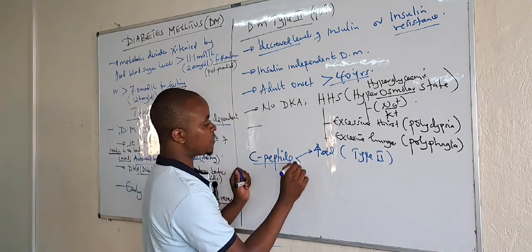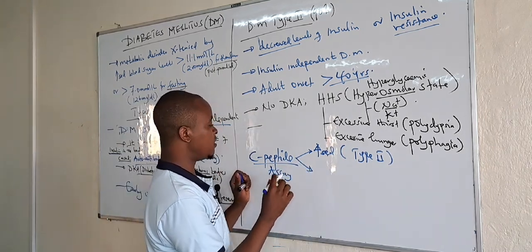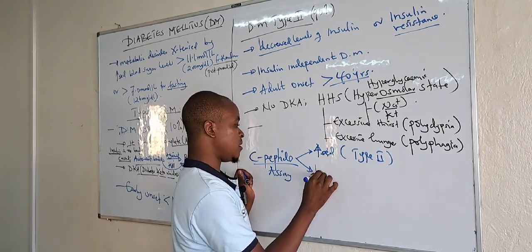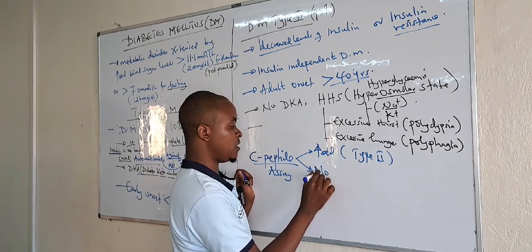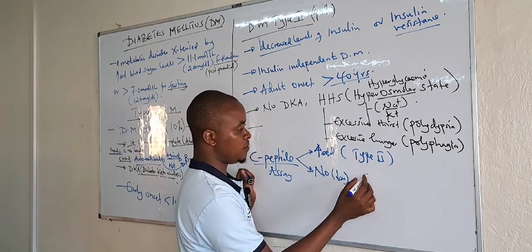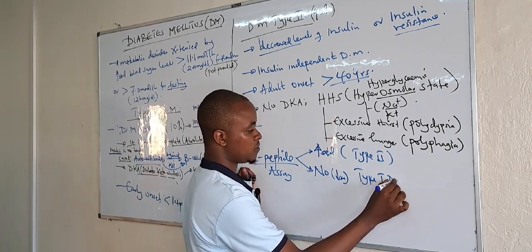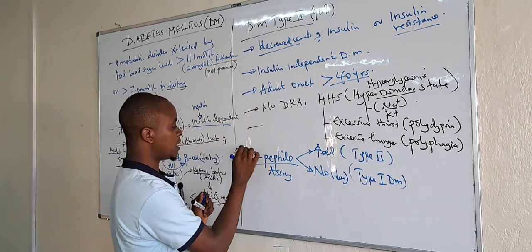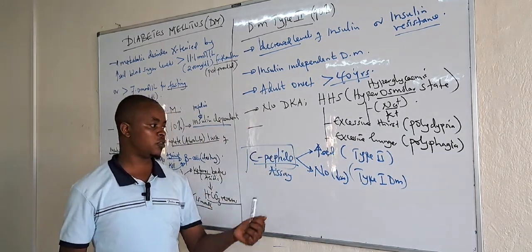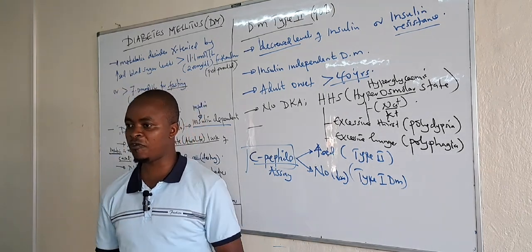When we do the C-peptide assay in the lab and we find it is absent, or very reduced, then this confirms type 1 diabetes. So apart from doing an insulin assay, you can also do a C-peptide assay in the laboratory to confirm.